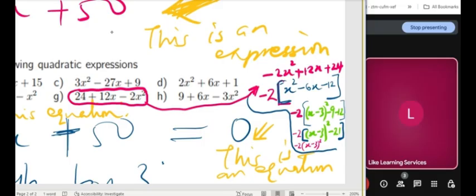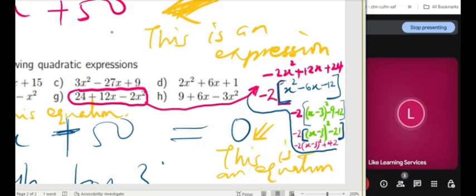What is minus 21 times 2? As minus 42? No, minus 21 times minus 2. You see why you should be careful. I told you, as plus 42. Minus 2 times minus 21.